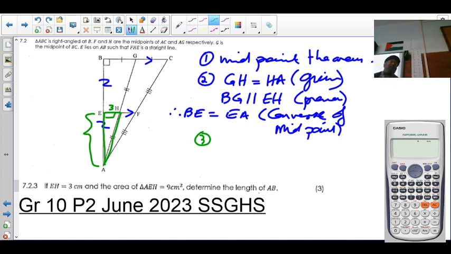Why? Because this formula can only be used in right-angled triangles. But we know that angle EA is 90 degrees. The paper and the memo can be found in the description box below. So that angle is 90. Why? Because you see that F being formed there, it's corresponding angles.